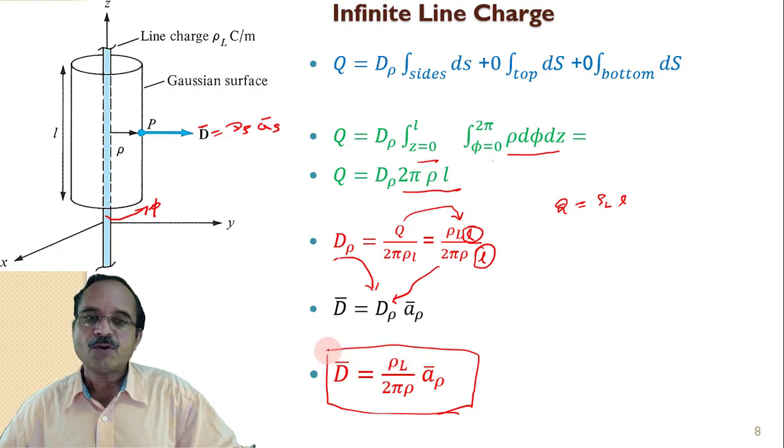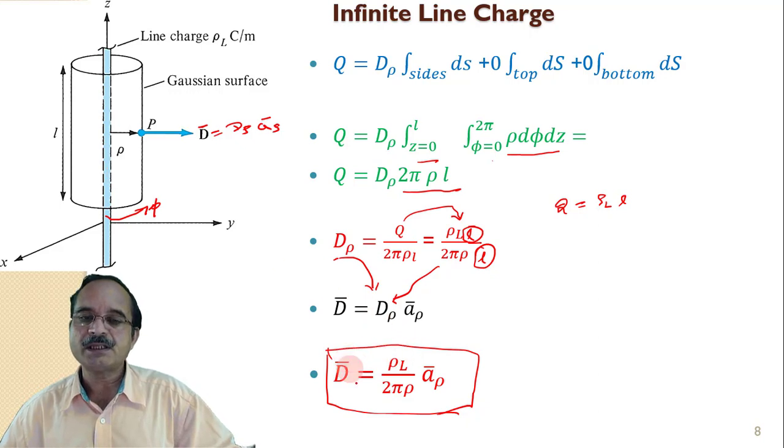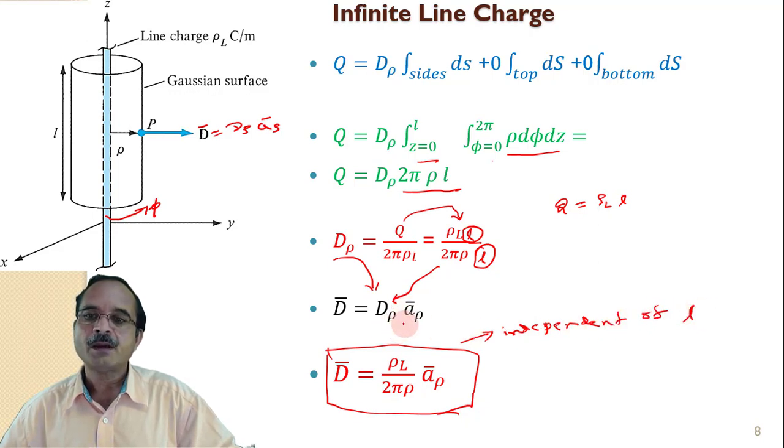Now one point to be noted here: in the beginning to evaluate this, we have assumed a cylinder of length L, and that gives us this expression for electric flux density as rho L upon 2 pi rho. If you observe this, it is independent of length L of the cylinder.